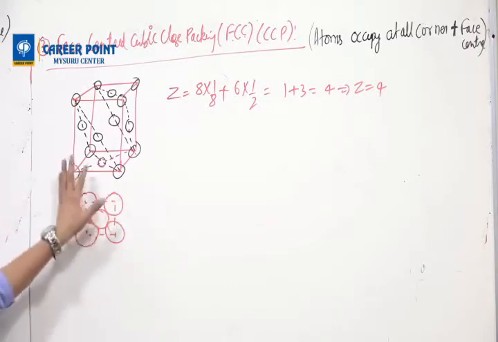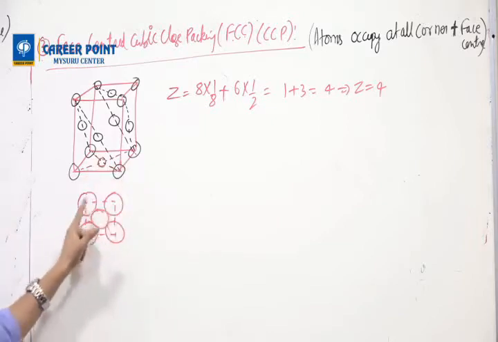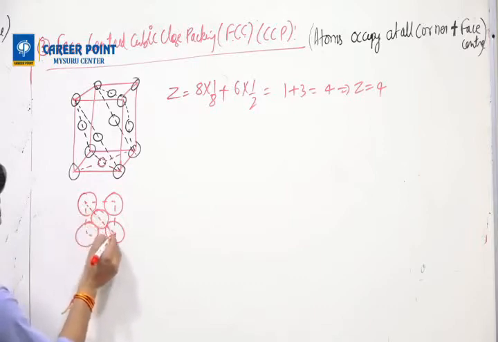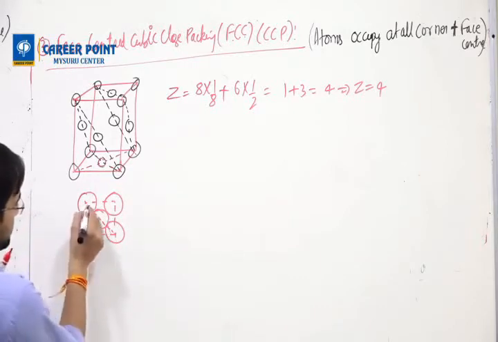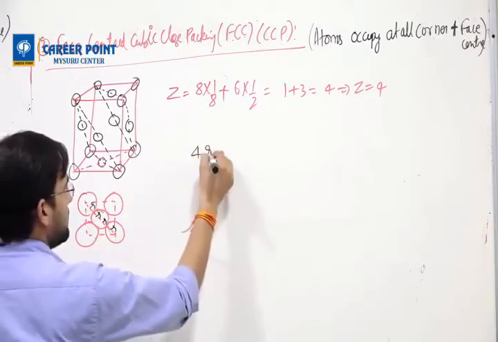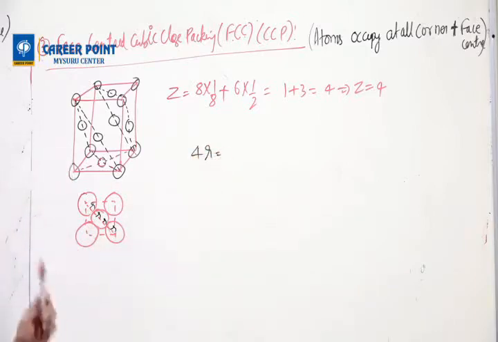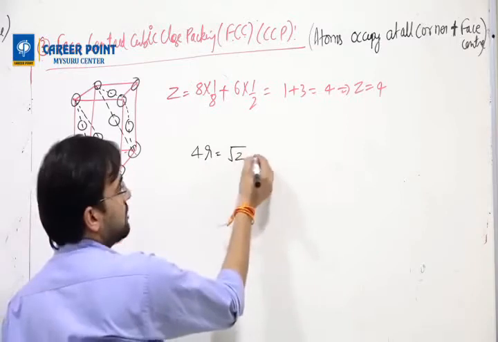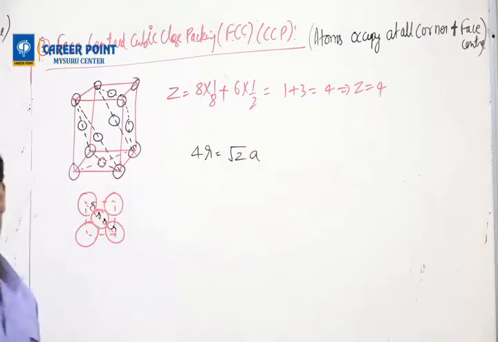This is the bottom face, with 4 atoms at corners and 1 at the face center. So this is R. So 4R equals the face diagonal length, which is always root 2a.